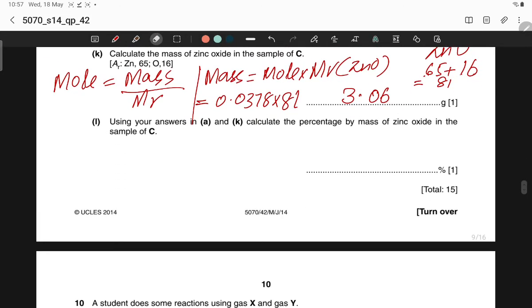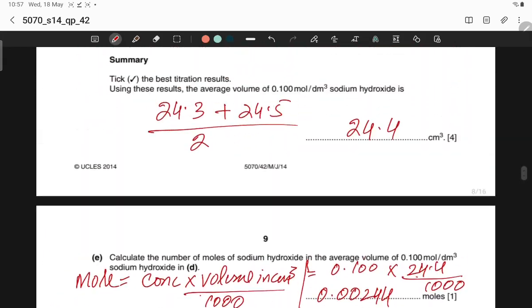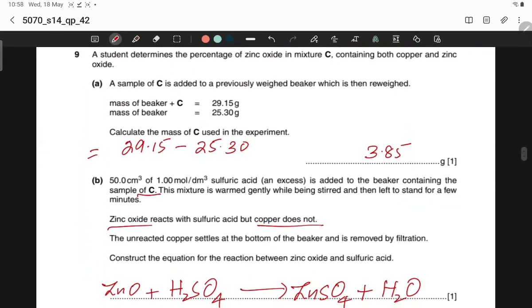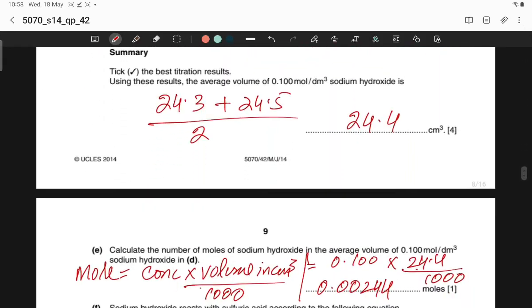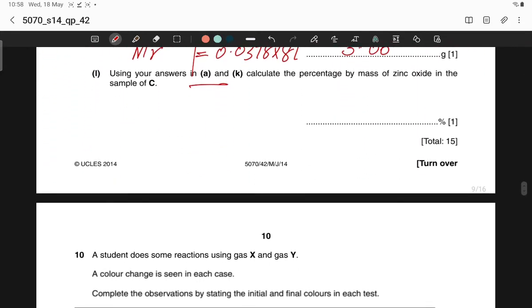Using your answer in A and K, calculate the percentage by mass of zinc oxide in the sample of C. So we know A and K. A is 3.85.